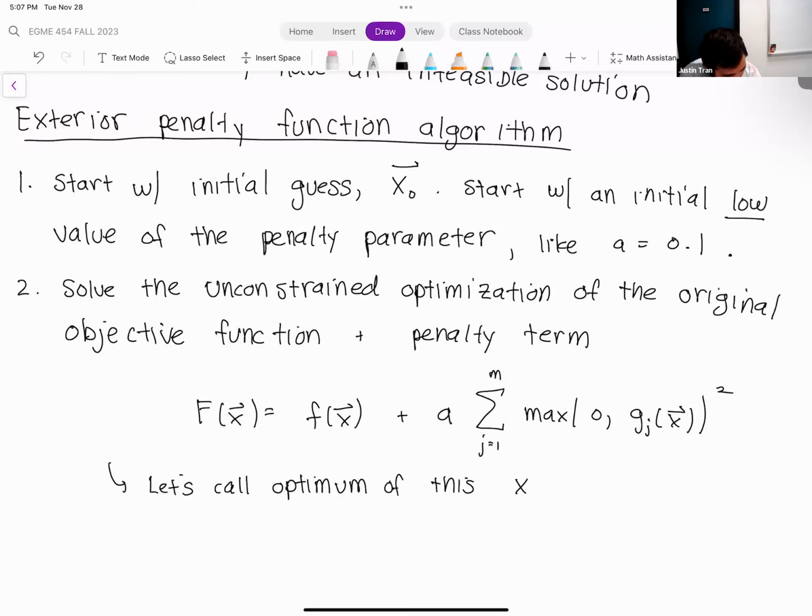And so let's say that we find the optimum of this. We run the code for this, and we get the optimum to be xk star.